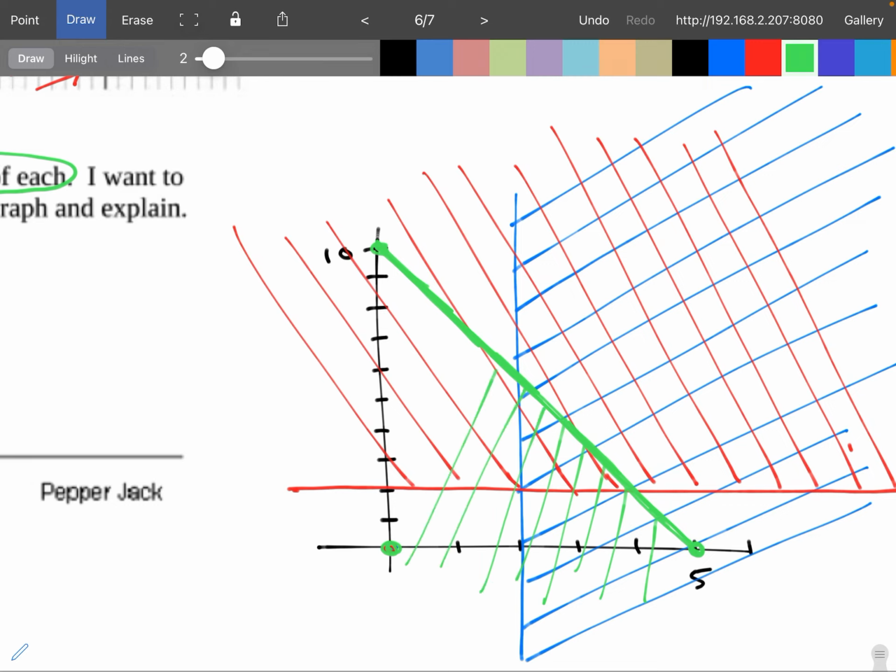Well, the left side is just 4 times 0 plus 2 times 0. That's just 0. 0 is less than or equal to 20. Is that true or false? That one is true. So if that one's true, then I'm going to shade the side where I picked the point. So that means I got to shade this way. Let's see, how do I get these to cross halfway decent? Maybe like this.